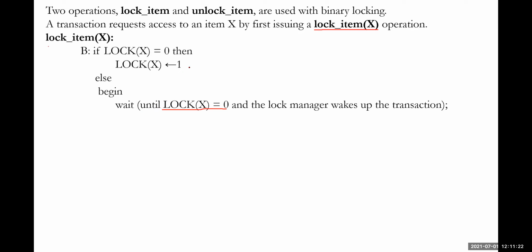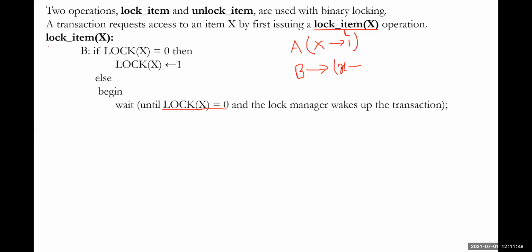Take lock of X equal to 1, for example. Transaction A has taken the lock on X, so the lock value will be equal to 1. Now B makes a request: allocate the value of X to me.